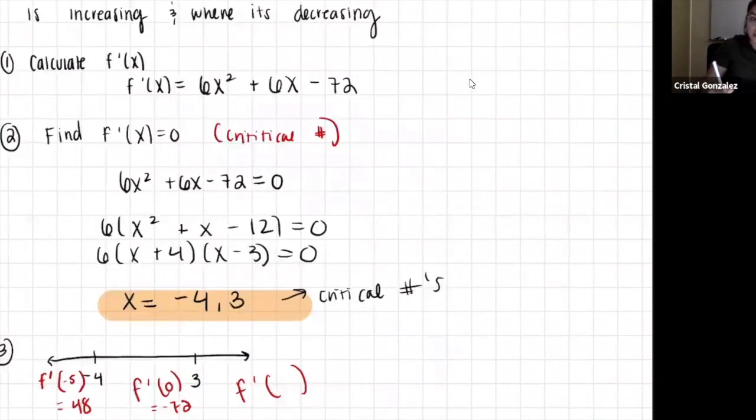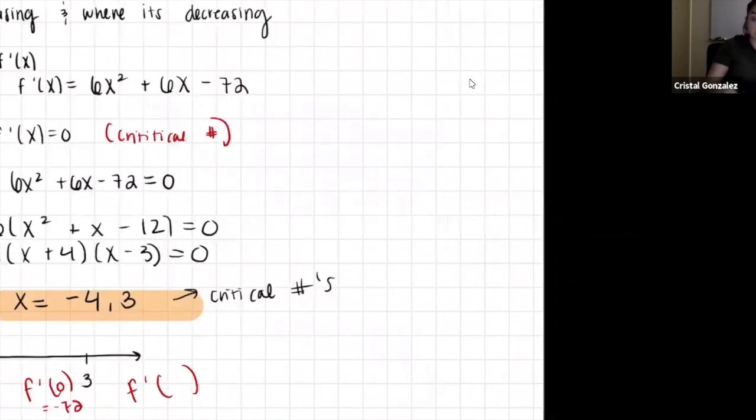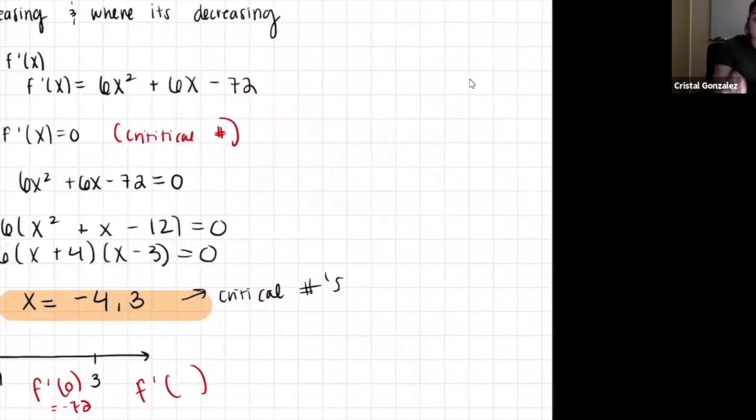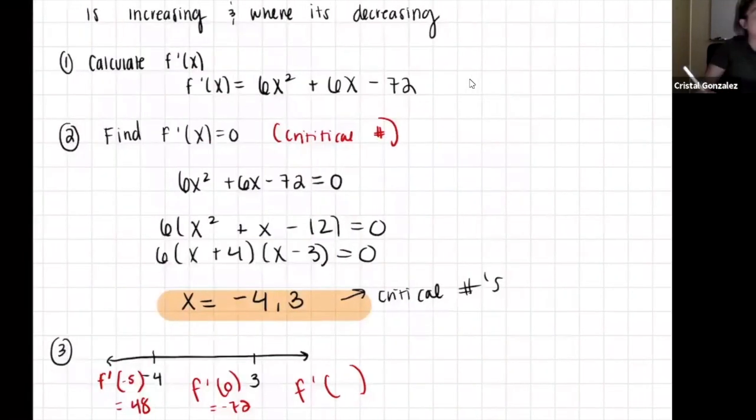And then on this side here, what we want to do is now test a number after 3. So a number after 3, that's like 4. And if you calculate that, you'll hopefully get 48 again.